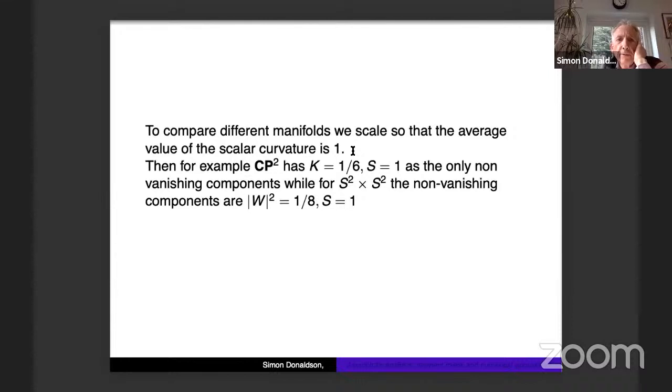The only non-zero invariant, of course, S is 1, and this Gauss curvature component is 1/6, it turns out. While for S2 times S2, the non-vanishing component, apart from the scalar curvature, is the W component, which has size 1 over the square root of 8.